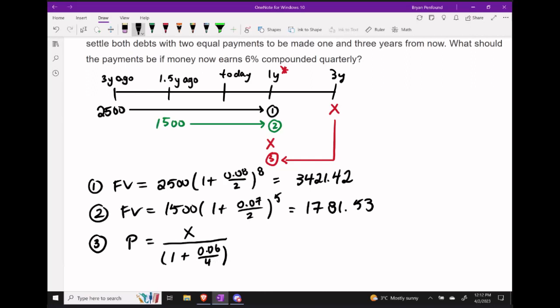We need to pull this back or discount it by 2 years. So t is equal to 2. If we're going to multiply that by 4 because we have quarterly compounds, that means we should be going through 8 compound periods altogether. So I'm just going to leave that decimal number in the denominator for now, and we'll deal with simplifying it in our last step here.